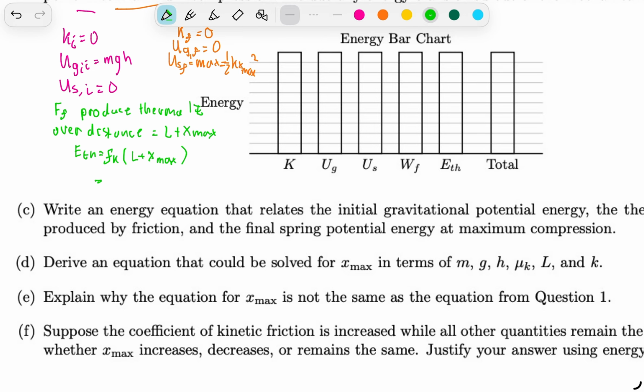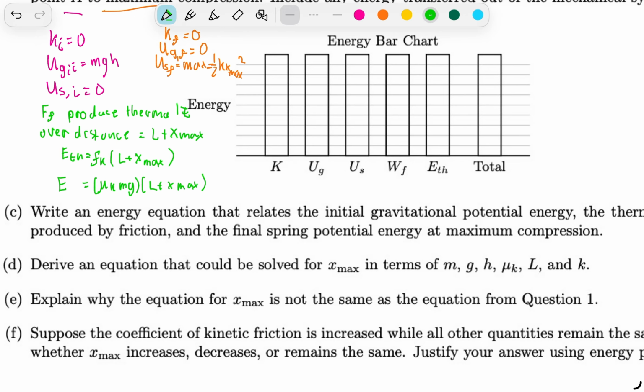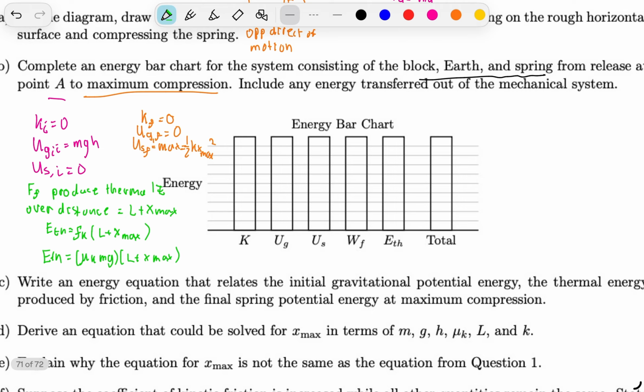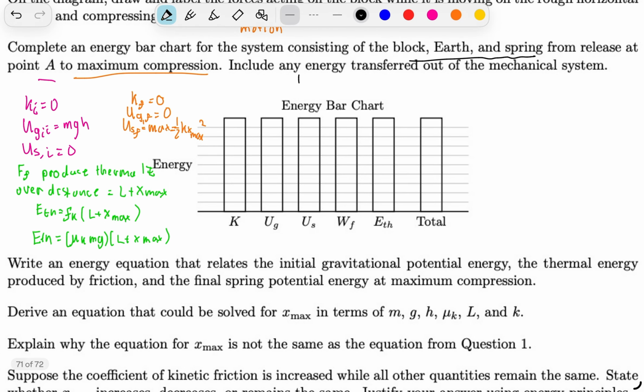So that is equal to the force of friction we found, mu k times mg, times L plus X max. So on our energy bar chart, this means that as we go from point A to maximum compression, our UG is going to be converted into that 1/2 k x max squared plus our mu k mg L plus X max.